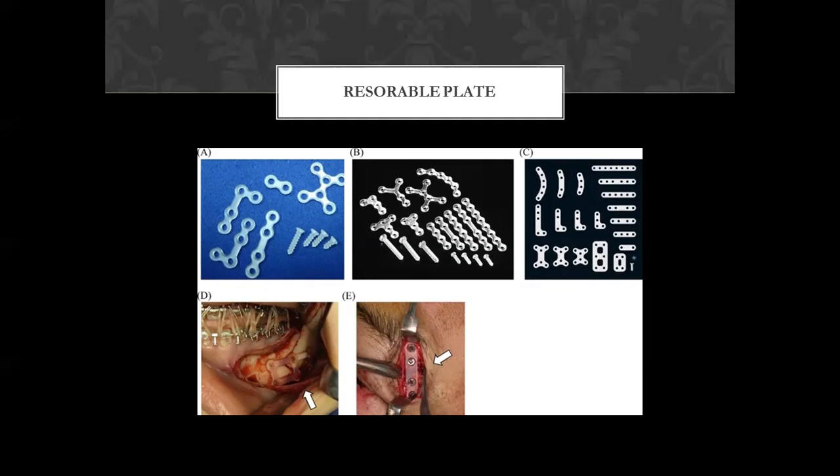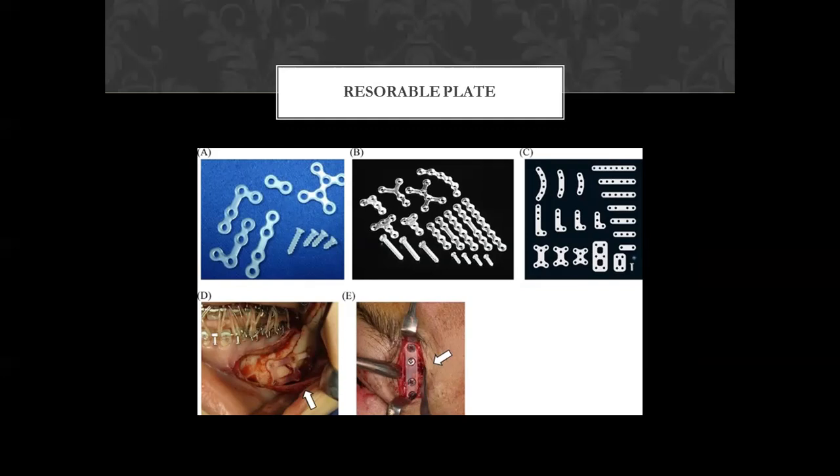Whereas these plates can be used, as I mentioned, for pediatric patients. And these resorbable plates are made of L-lactate. I'm mentioning a few names: L-lactate, DL-lactate, polyglycolate, and trimethylene carbonate, which is TMC.